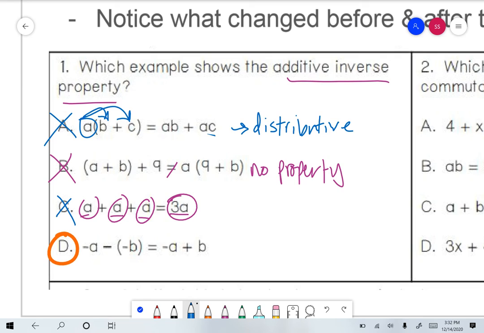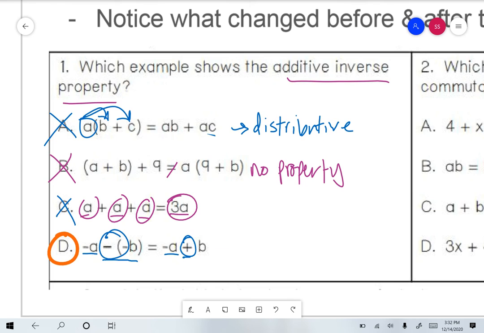We have negative A, and then here we have subtract negative B, and here we have plus B, a positive B. So this is true because additive inverse, remember, is the opposite. So instead of subtracting a negative, we're going to add a positive. So that shows us additive inverse property.